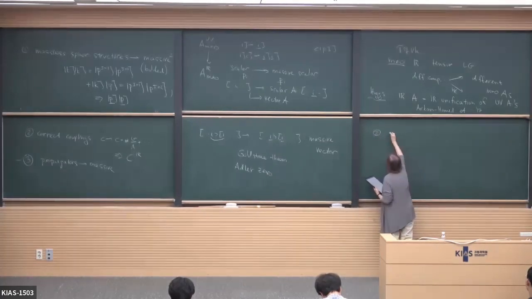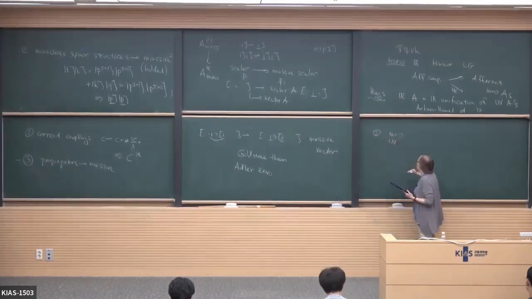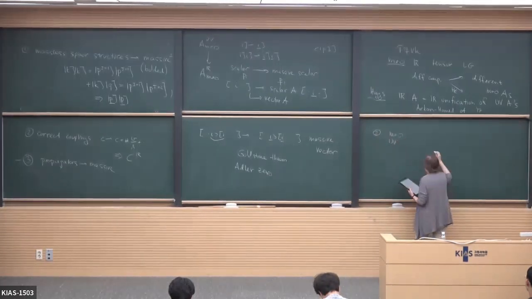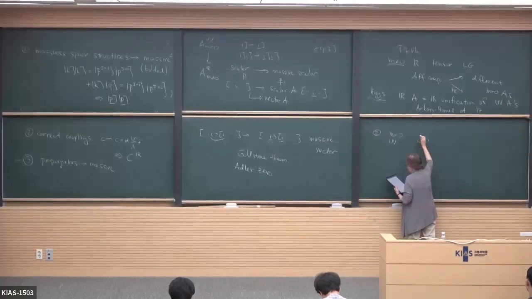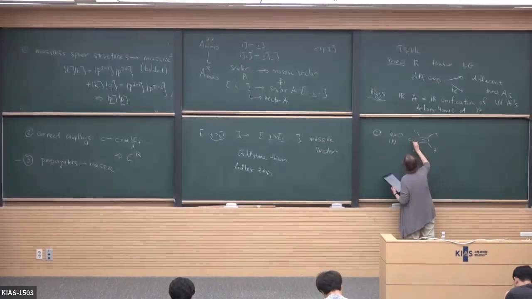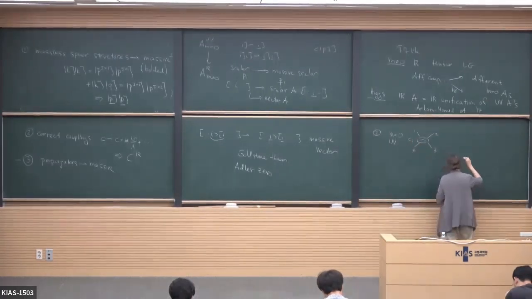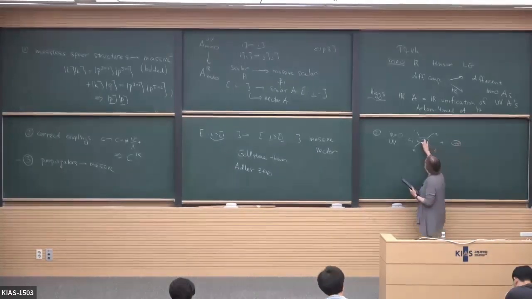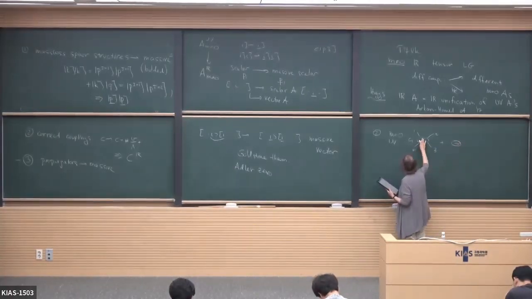So again, let's start with thinking about the UV theory where all the masses are 0. Here I can have all sorts of amplitudes. Here is something like this, 1, 2, 3, up to N, with some coupling C1. Here I'm really talking about couplings.